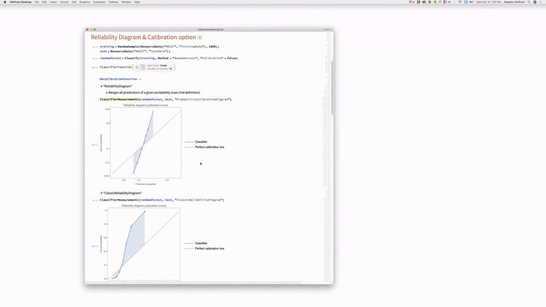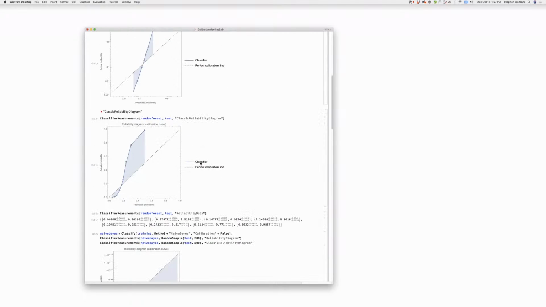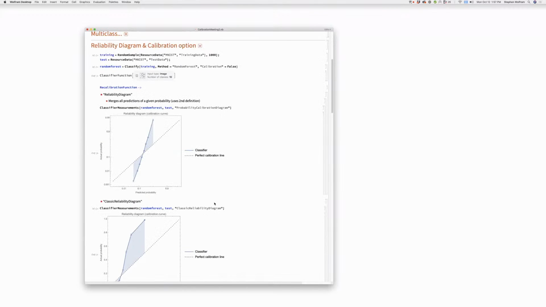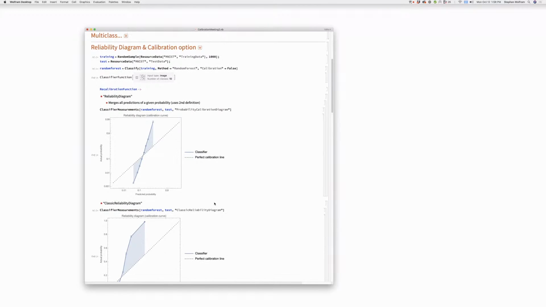it would be something like probability calibration diagram. Yeah, that's probability calibration data. The two standard names are either reliability diagram or calibration curve. That's why in the plot title I put, in parentheses, calibration curve.